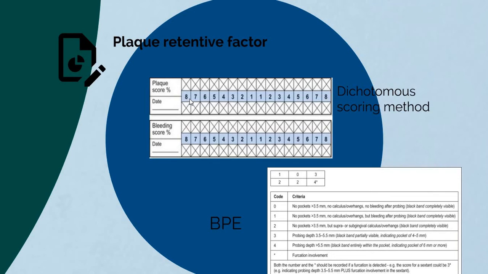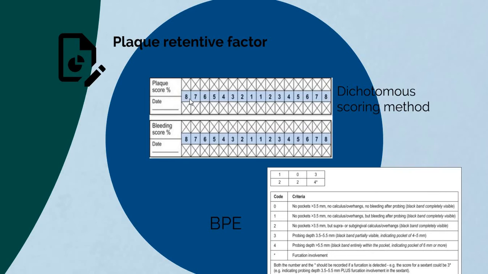And this is important because it gives you an overview of the amount of, not the amount of disease, but the amount of bacterial aggregation. And the bleeding score will show you the activity of the disease. If it is still active, you have bleeding, and not all bleeding indicates that there's a gingivitis or periodontitis.